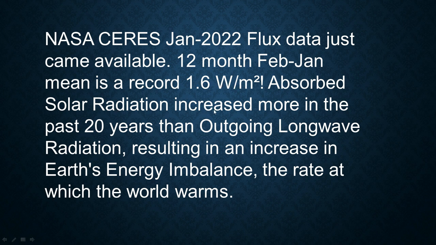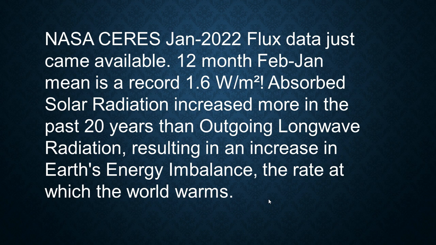Absorbed solar radiation increased more in the past 20 years than outgoing longwave radiation, resulting in an increase in Earth's energy imbalance, the rate at which the world warms. In other words, the absorption rate is more than the outgoing rate.